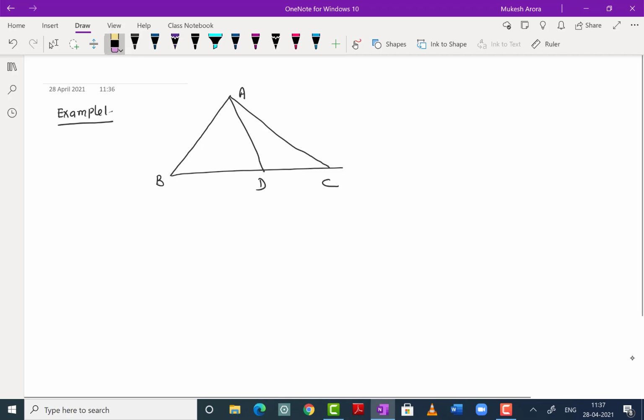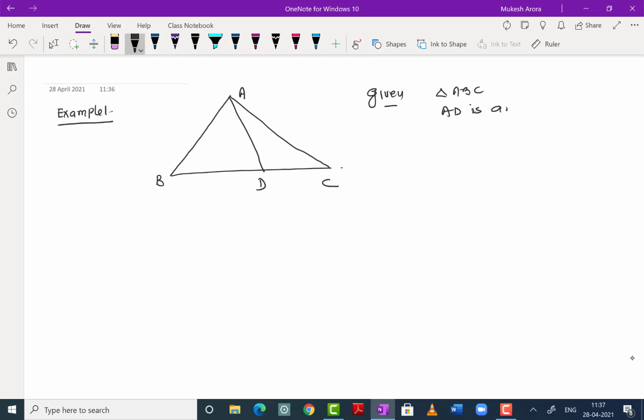Given: triangle ABC and AD is a median. The median divides the base into two equal parts. We have to prove that area of triangle ABD is equal to area of triangle ACD.